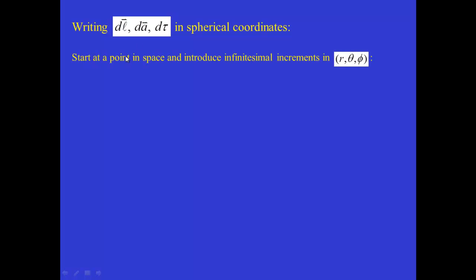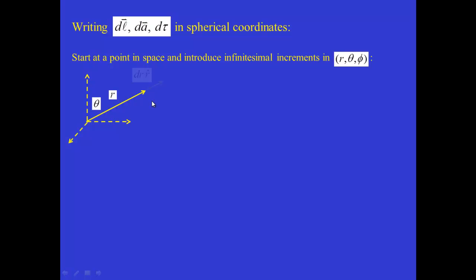So the way to do this is to start at a point in space at the tip of an arrow whose end is at the origin, and introduce tiny increments in the three variables r, theta, and phi. So here's the Cartesian coordinate system, and then the point in space at the end of this arrow will now be incremented by a tiny displacement along the r hat direction.